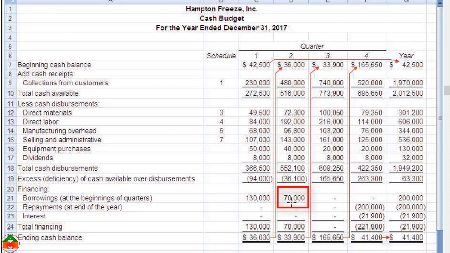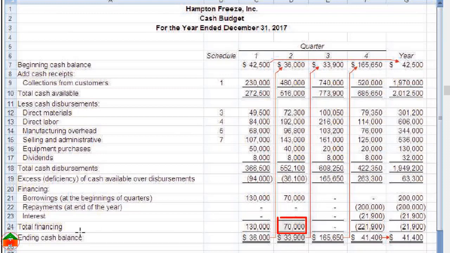So this is the financing according to the company policy. The company doesn't need to repay or pay the interest in the second quarter. They will repay the loan or pay the interest in the last quarter. That's why total financing would be 70,000. I am repeating, this row should be shown by adjusting these 3 items.